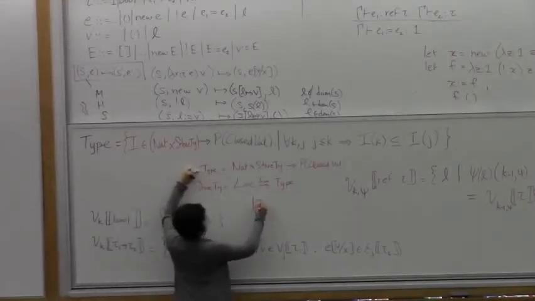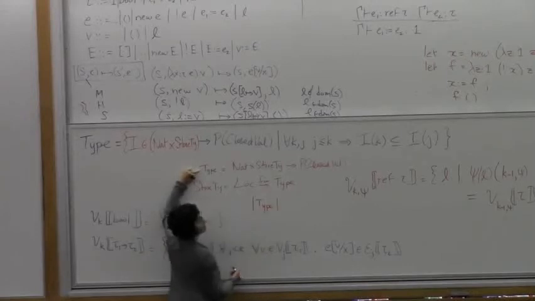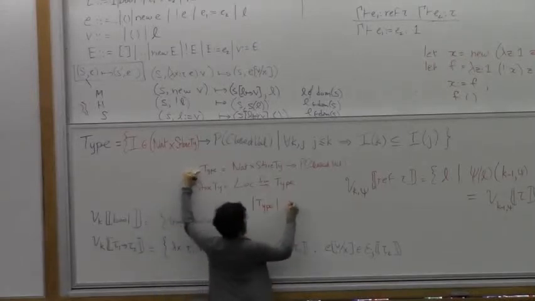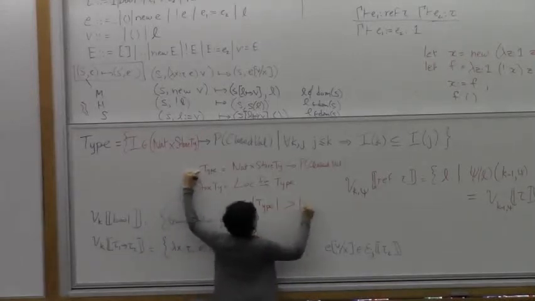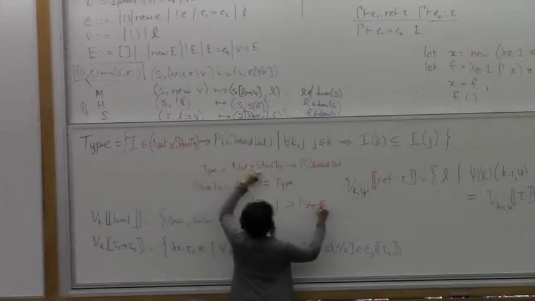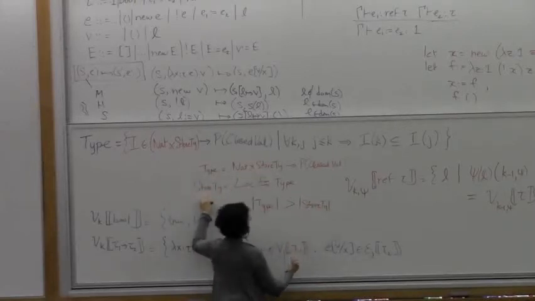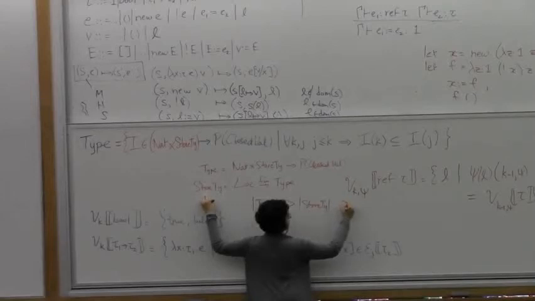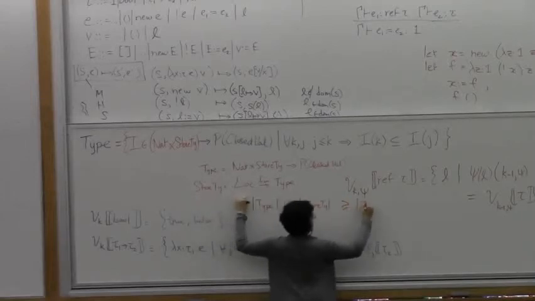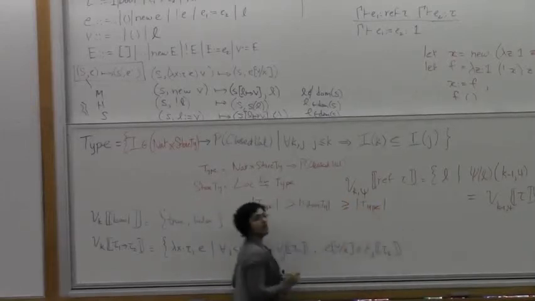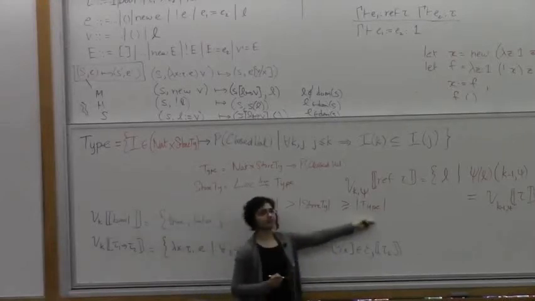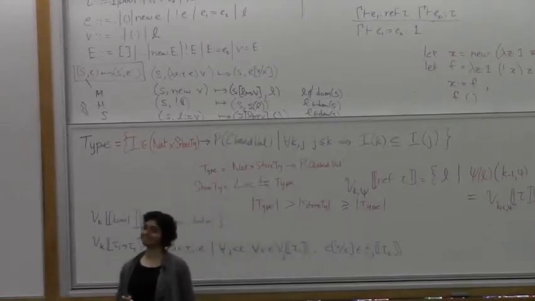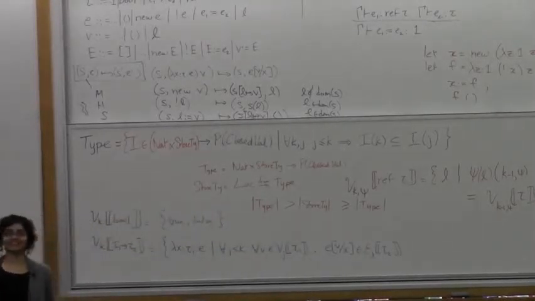So this equation says that the cardinality of the set type is strictly greater than the cardinality of store type, and this says that the cardinality of store type is greater than or equal to the cardinality of type. Okay, therefore the cardinality of type is strictly greater than the cardinality of type. Okay, so this is a problem.